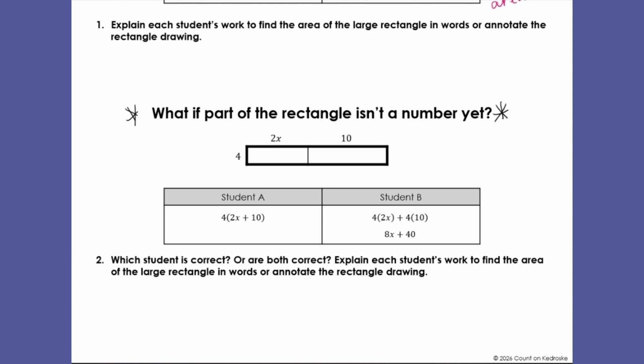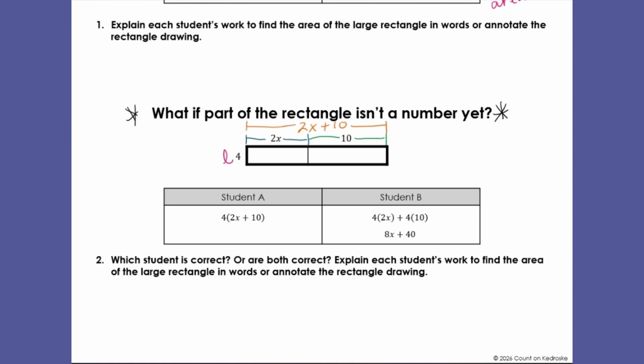When you look at this problem, you now see that there is still a common length of 4, but the widths they give you are 2x as the first small width, and then the next width is 10. So the whole width is 2x plus 10 if I use the length of the entire big rectangle.